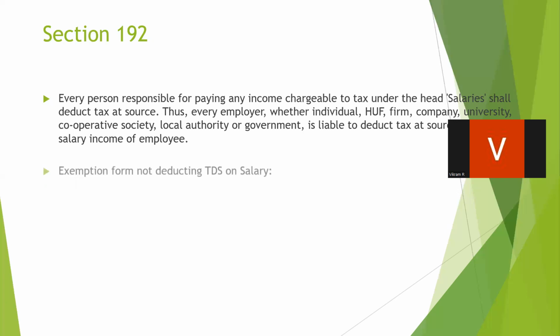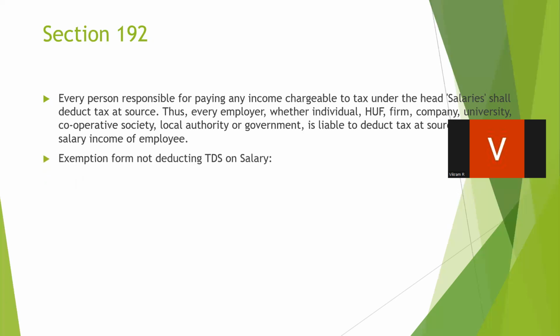So, exemption. Before that, the TDS amount that will be deducted is based on the slab rate. That is, after applying our slab rates, the taxable amount will be deducted under TDS.